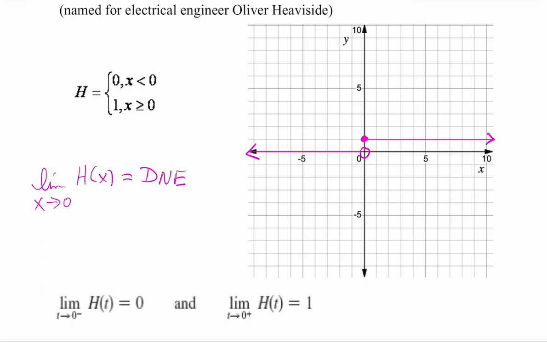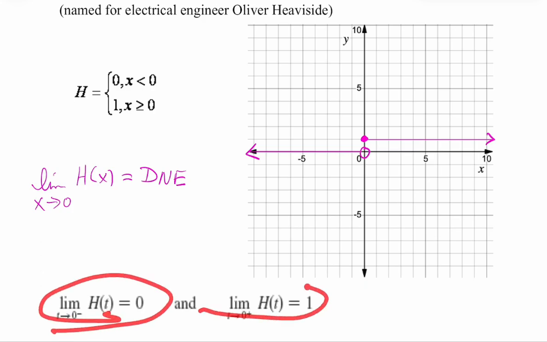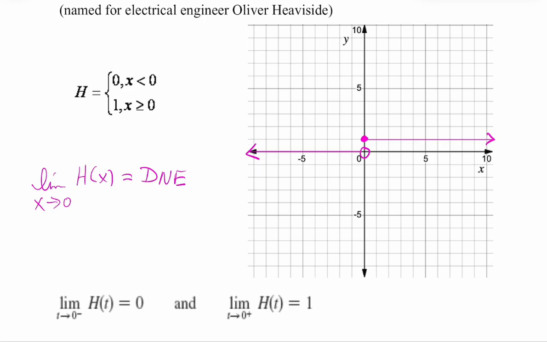So be careful as to what they've asked you. If they ask you for a left side limit or a right side limit, you might get an answer. This one I am approaching from the left, a height of 0. This one I'm approaching from the right, but I'm going to a height of 1.